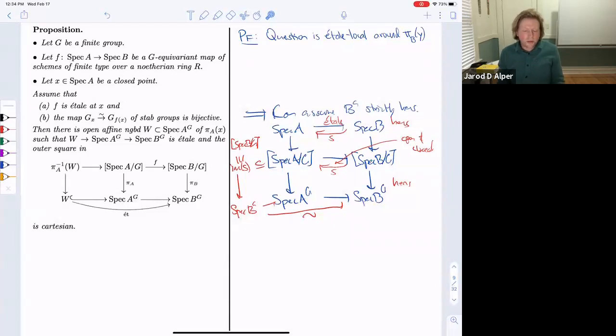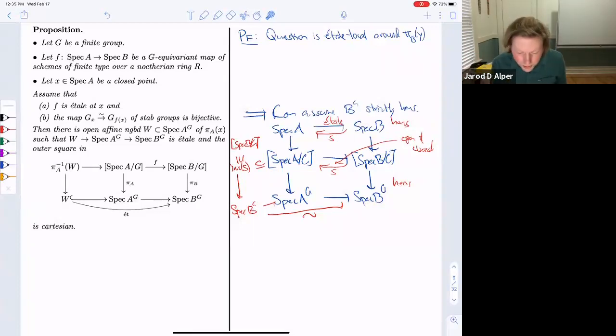But then you do need to know some properties of strictly Henselian rings, in the same way that in the scheme case you go from properties of the local ring in the Zariski topology to spreading it out to an actual open neighborhood. It's of the same flavor here. So if you can argue over the strict Henselization, then you can spread it out to an honest étale cover and then use descent.